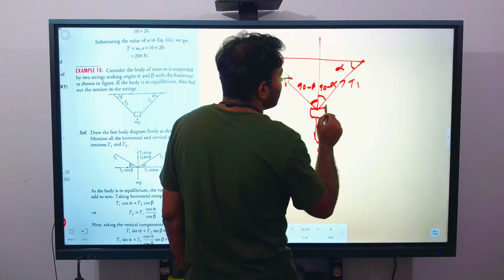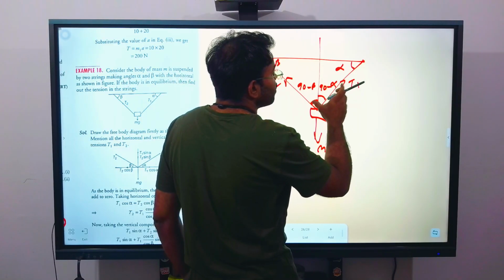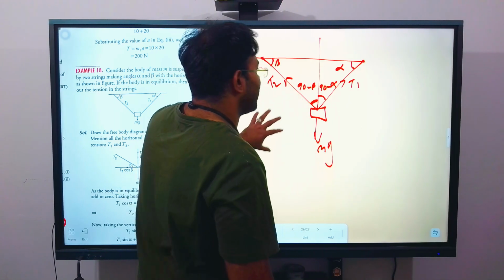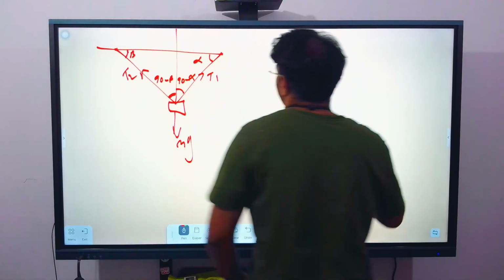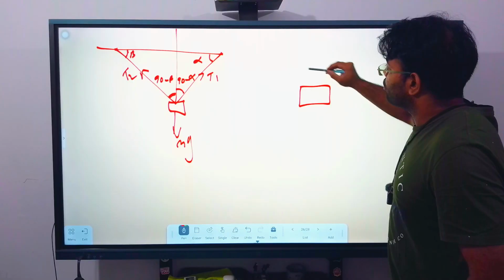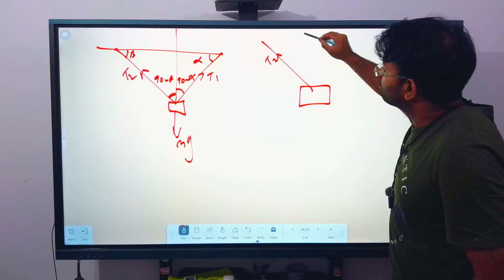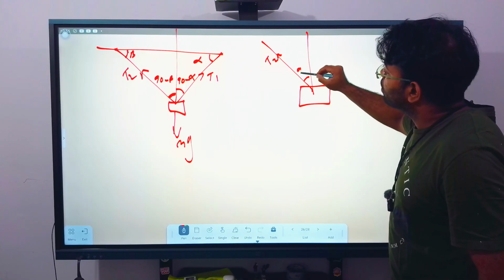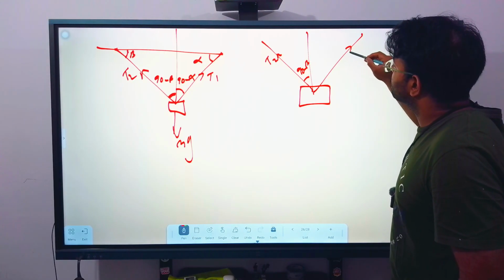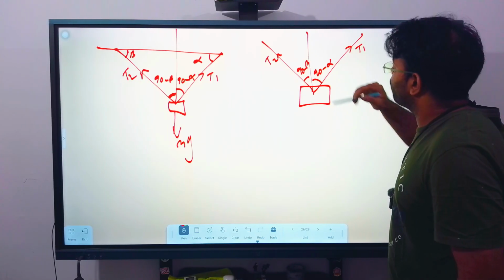I can basically resolve this force T1 and T2 in the horizontal and vertical direction. Okay, so let's actually draw another free body diagram like this. So you have, this is T2, this is 90 minus beta, and this is T1, this is 90 minus alpha.